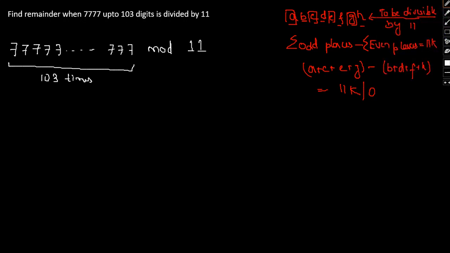Here you can see there are 103 sevens. Now notice one thing, 7 7 7 7 7 7, dot dot dot. Now see, this plus this gets cancelled out with this and this, because plus minus goes.